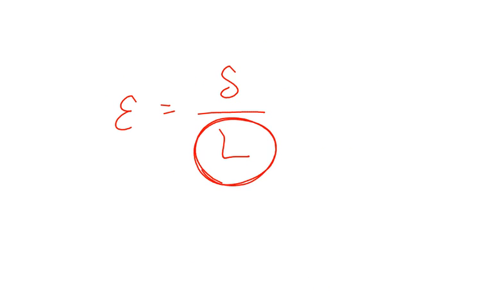So what we do when we create our stress-strain plots is we use this definition of strain that we came up with, where we always take the deformation and divide by the original length. L here refers to the original length.